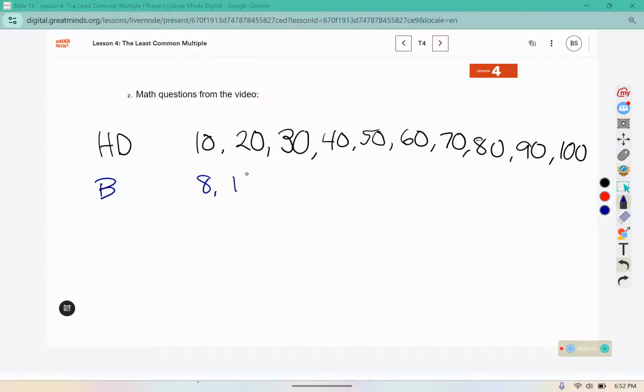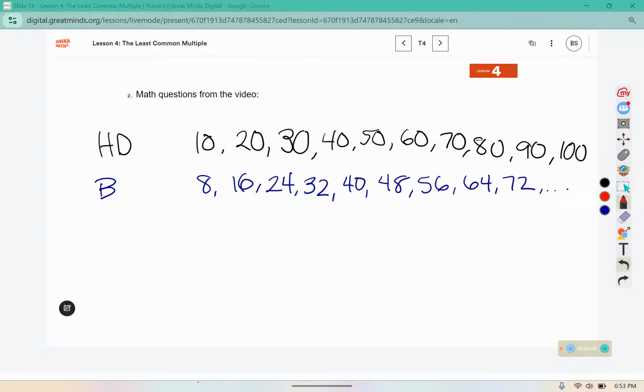8 buns, 16 buns, 24, 32, 40, 48, 56, 64, 72, and so on.